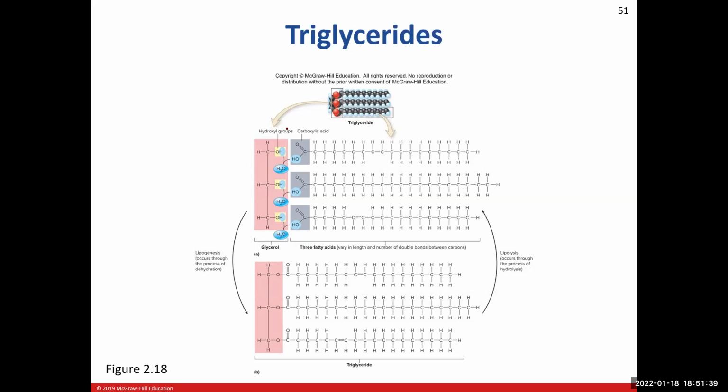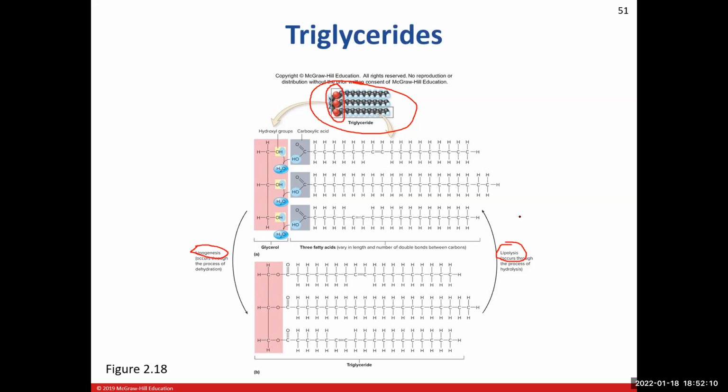And that's what this picture is showing you here. Here's your triglyceride molecule here at the top. You've got your glycerol backbone right here. And then you got your 3 fatty acids coming off. Basically, depending on what you're undergoing, whether it is lipogenesis or lipolysis, is going to determine what you're going to do to the triglyceride.